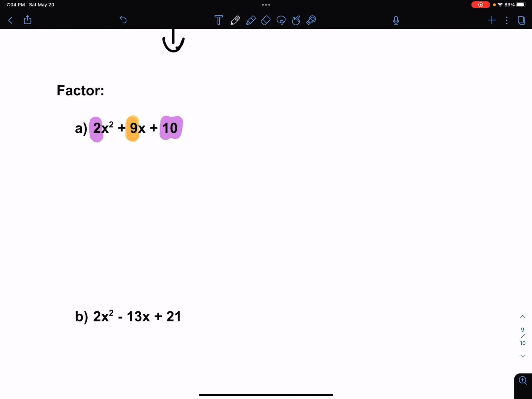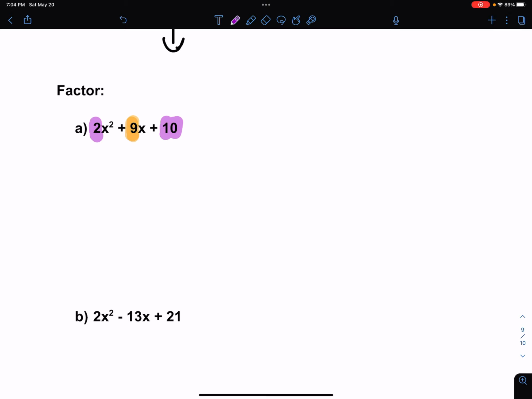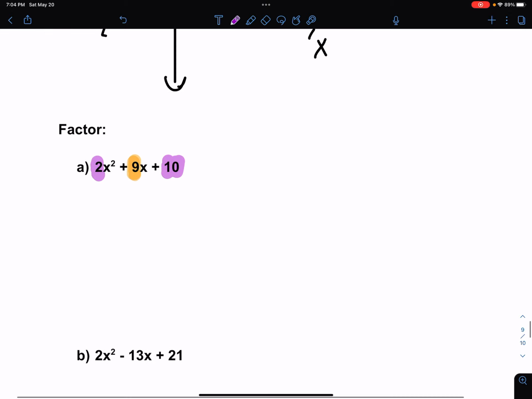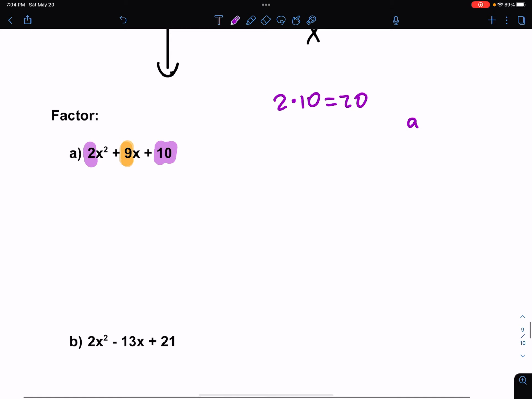Here we go. So I've highlighted 2 and 10 in purple. We need to multiply 2 times 10. That's going to be 20. So why did we multiply those together? We're looking for two numbers that multiply to be 20.